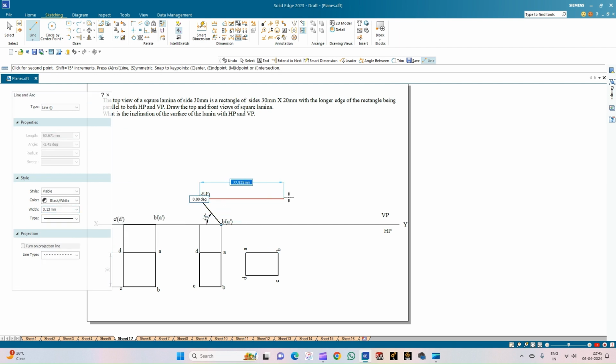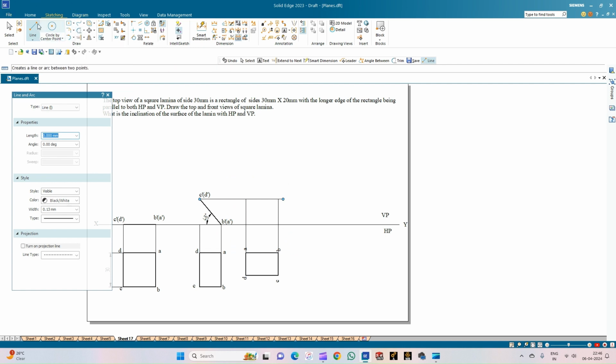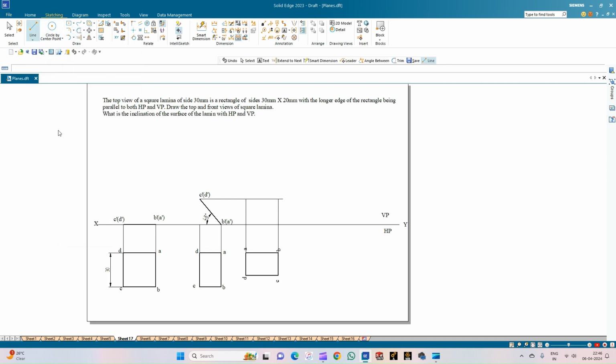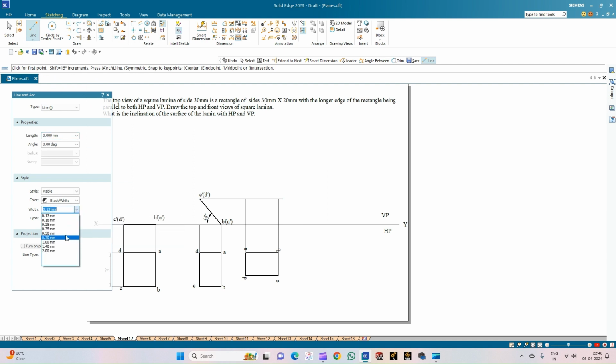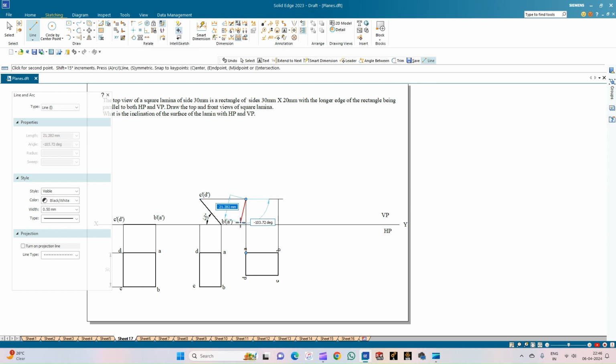So now we will draw the projection lines of thickness 0.13 mm. So this is in the vertical plane. Now we shall intersect this projection line from the horizontal plane, and this is the square in the front view in the third position. So we'll complete that. So we will select the line of thickness 0.50 mm, and this is the end point of this line.